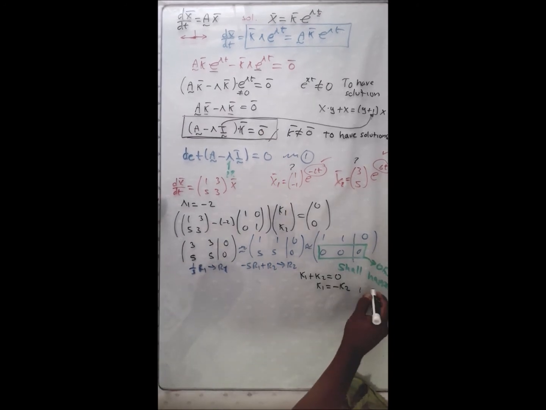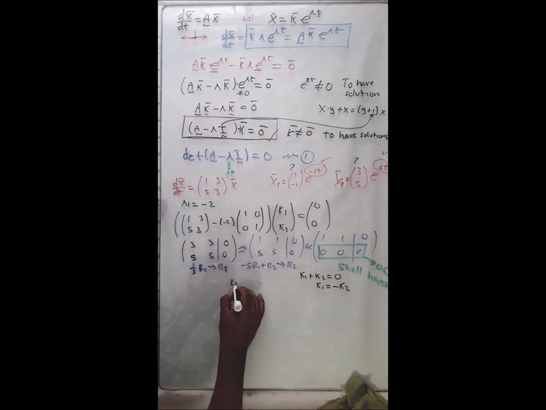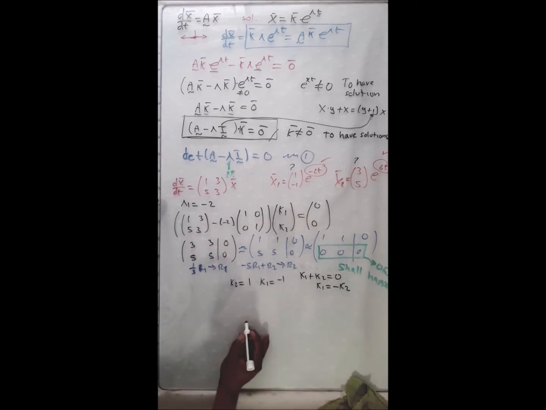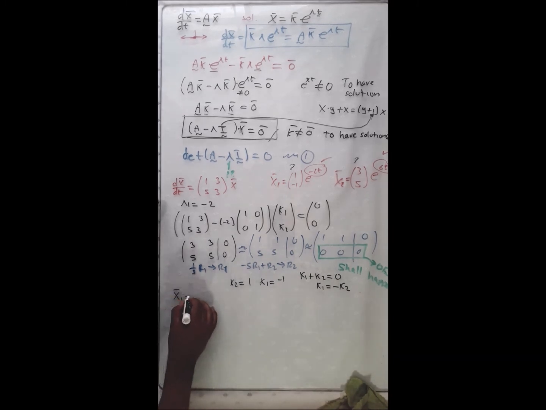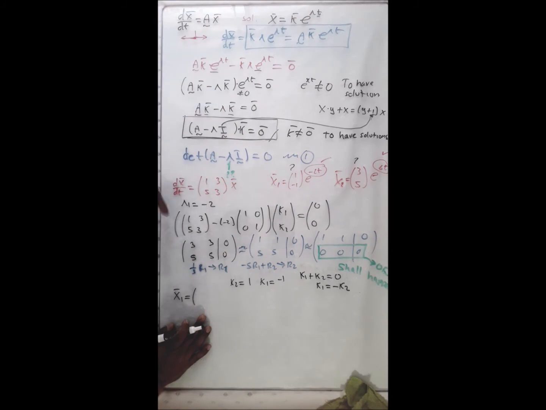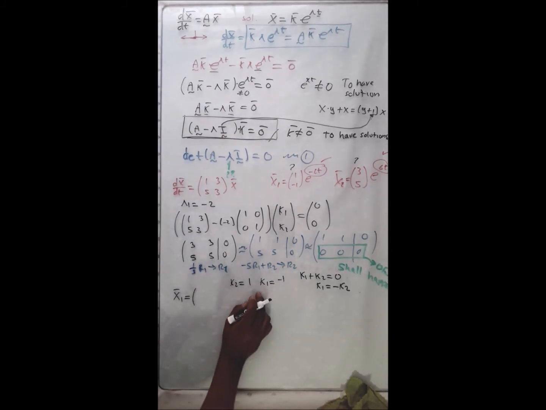Let's choose k2 equal to 1. So k1 is equal to -1. Okay, so what is the solution? According to the solution we proposed, the x1 vector is equal to the k vector times exponential of lambda t. So we have k1 is equal to -1.